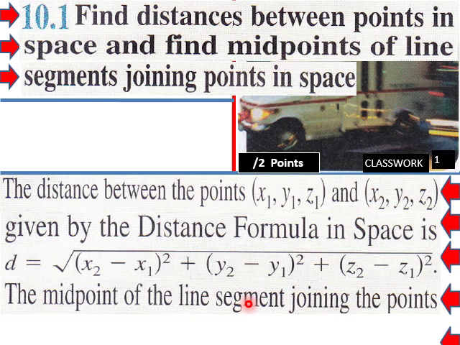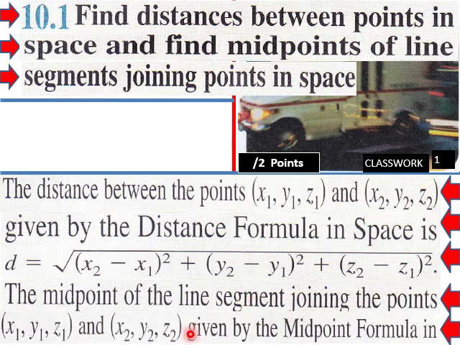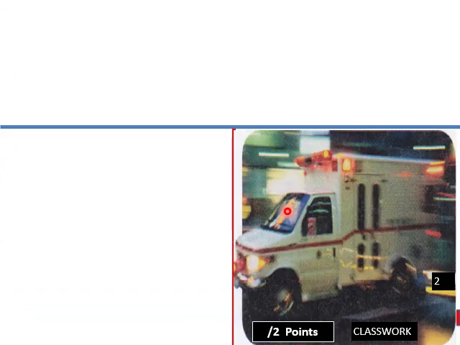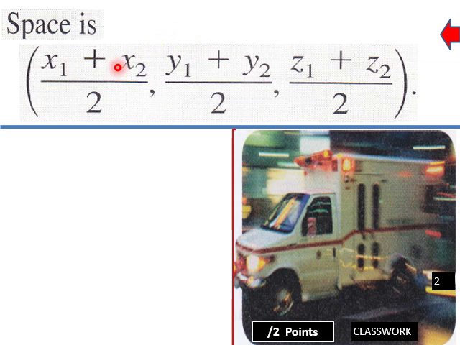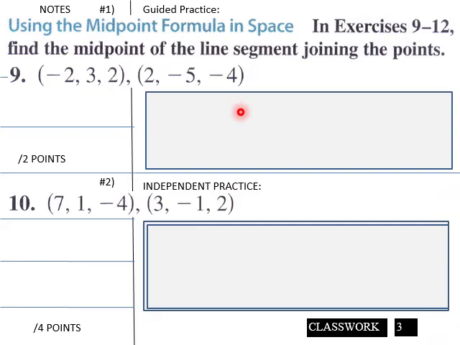The midpoint of the line segment joining the points x1, y1, z1, and x2, y2, z2 is given by the midpoint formula in space, this formula here. So these are the 2 formulas that you use for a problem like that.